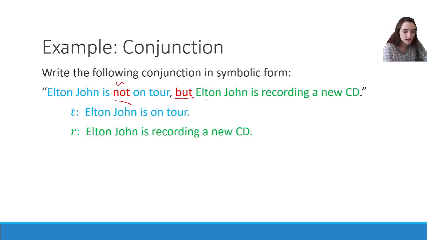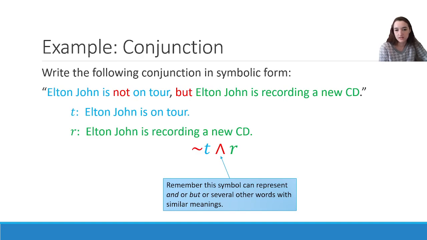And this but, like I just said, is a conjunction, like an and, so our and symbol is this. So we've got negation. What are we negating? We're negating T, and then and, and nothing is happening to the green one, so this just ends up being R. So we get negation of T and R.